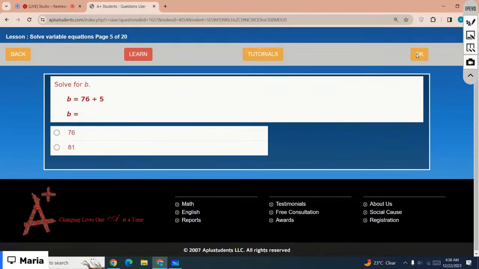Solve for B. B equals 76 plus 5. So, which is the correct option? Yes, that is 81. The correct option is 81.